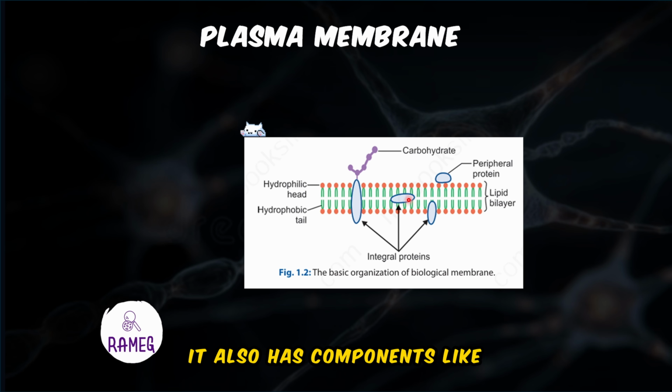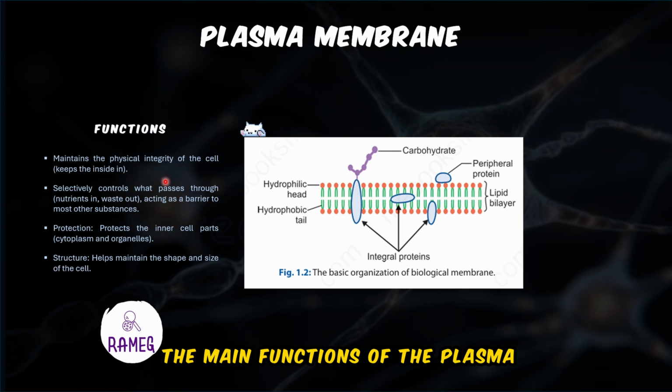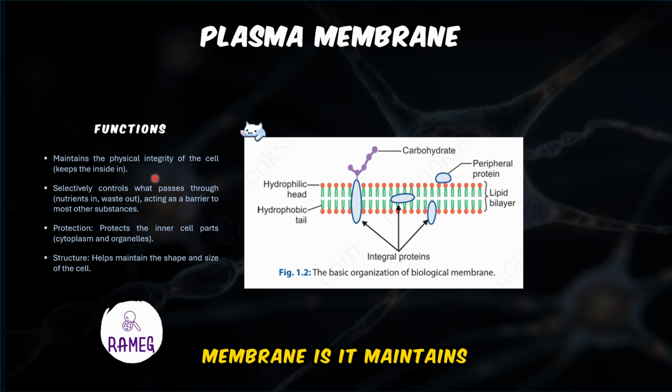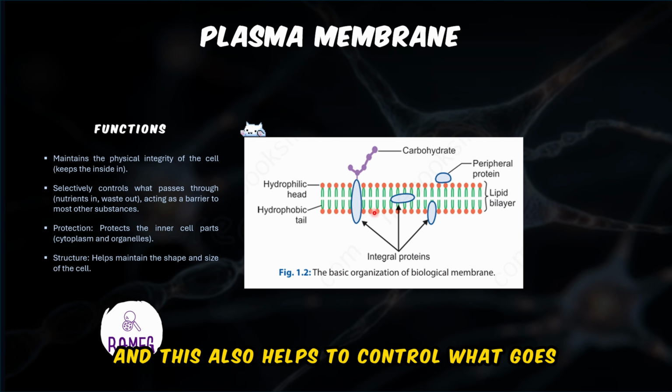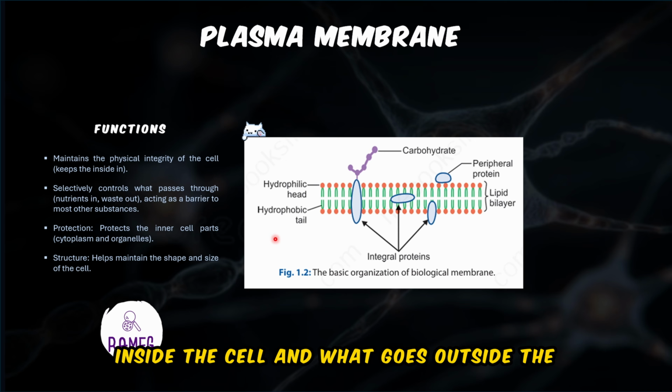It also has components like carbohydrates, integral proteins, peripheral proteins, likewise. Let's look more into the functions of this. The main functions of the plasma membrane are that it maintains the physical shape of the cell, and it keeps things packed inside. This also helps to control what goes inside the cell and what goes outside the cell.